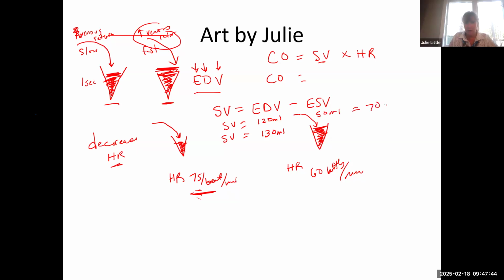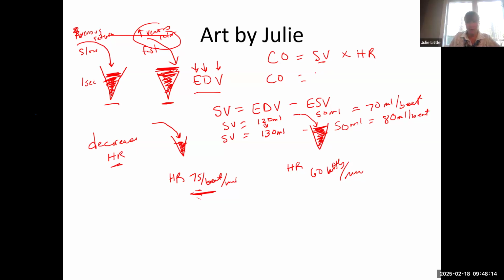A normal stroke volume is 70 milliliters per beat. But if we increase our end diastolic volume, I'm just increasing it by 10 milliliters, and we keep that normal end systolic volume, then now we're pumping out 130 minus 50 gives us 80 milliliters per beat. So by increasing venous return, we're increasing stroke volume.